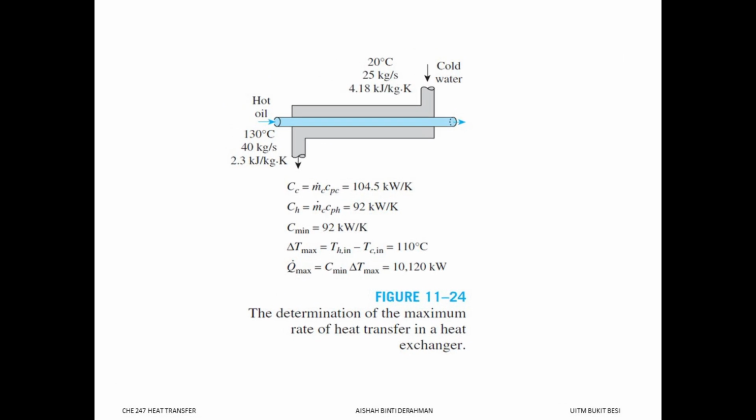The first step, we have to calculate the capital C for the cold fluid, which is the mass flow rate times the specific heat capacity. The second step is to calculate the capital C for the hot fluid, which is mass flow rate of the hot fluid times the specific heat capacity of the hot fluid.